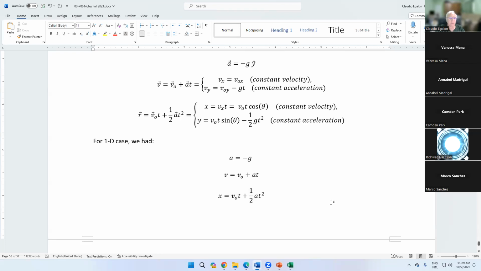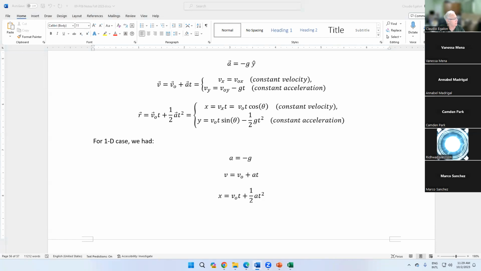The only difference again is that it's a vector. So now we have the equations of motion.